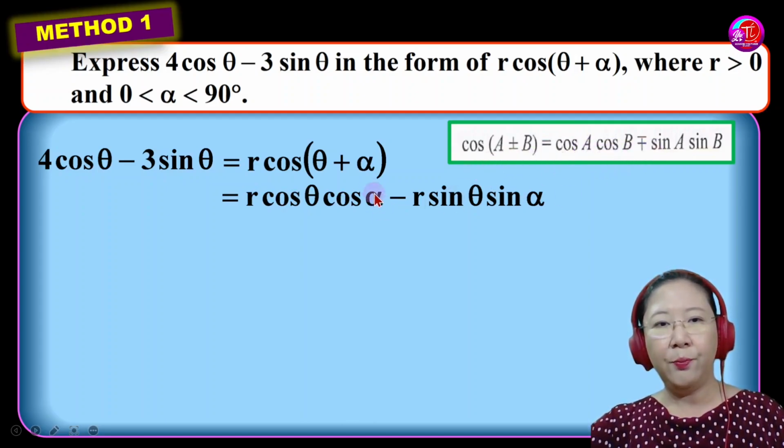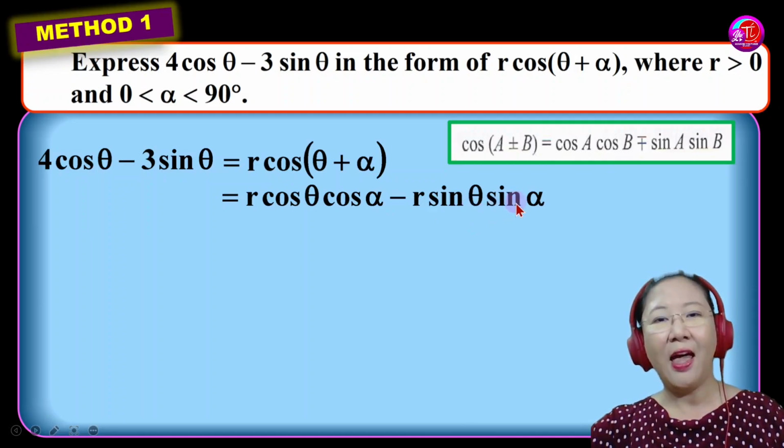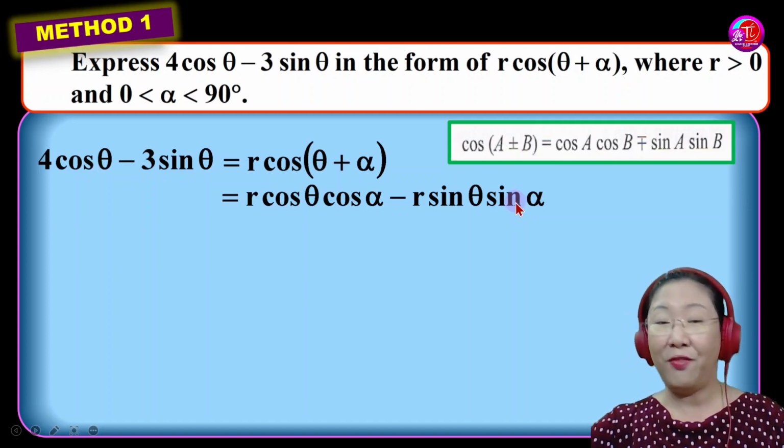And then because this is plus, according to the formula, if it is a plus, it should be a minus. So we have a minus here, and then R sine theta sine alpha. Okay, so that's how we expand that formula using the form 5 formula.